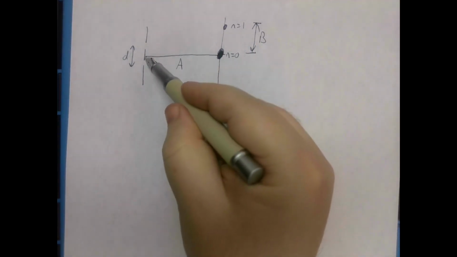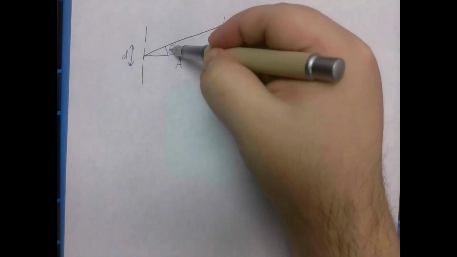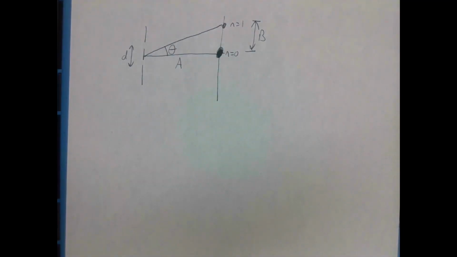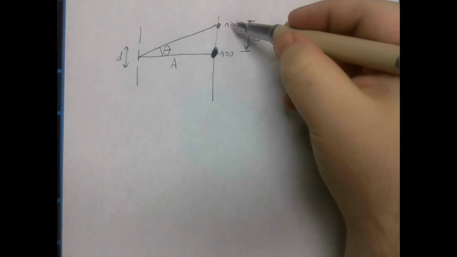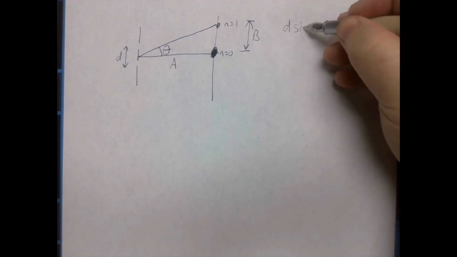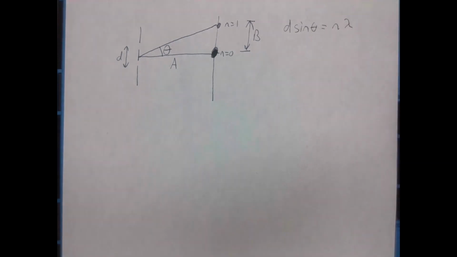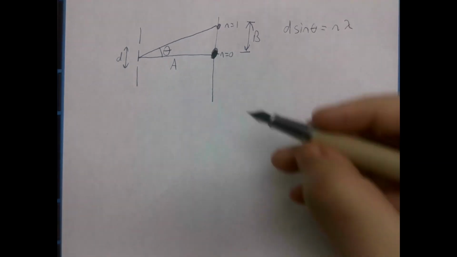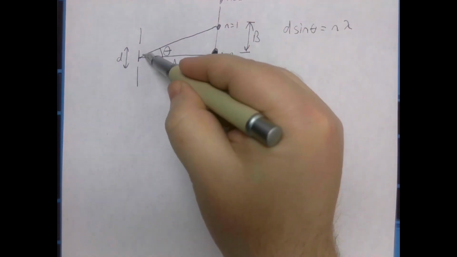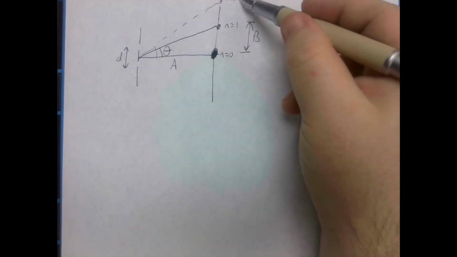And we're going to get an angle, theta. For n equals 1, our equation is d sine theta equals n times lambda. And n equals 2 gives another angle, but we're going to choose n equals 1.